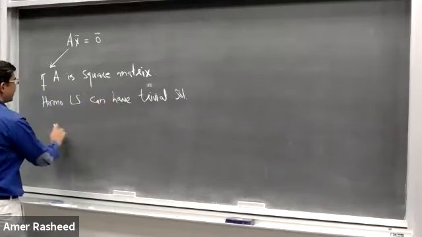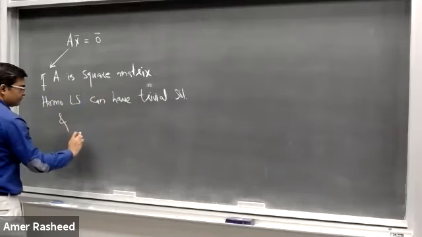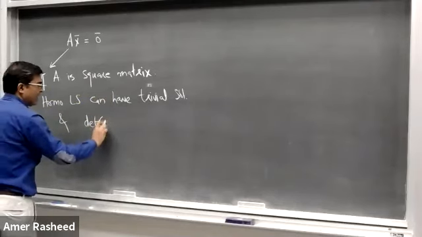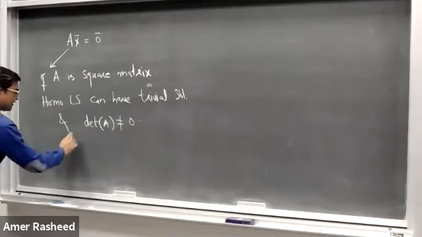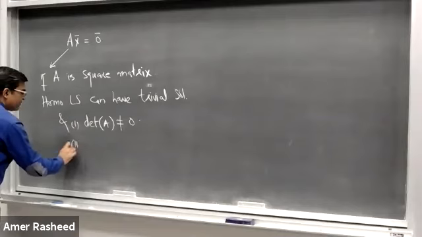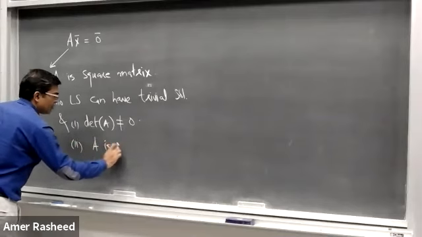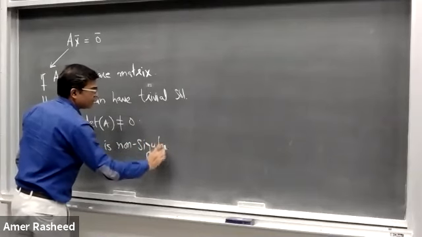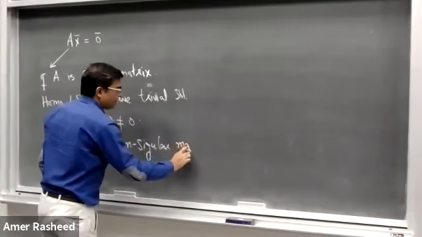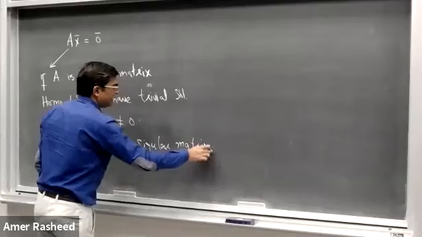If A is a square matrix and the determinant of A is not equal to 0, or you can say, the first condition. Second condition, A is a non-singular matrix. Which matrix is a non-singular matrix? You tell me, anyone?